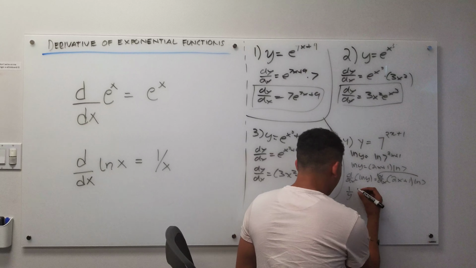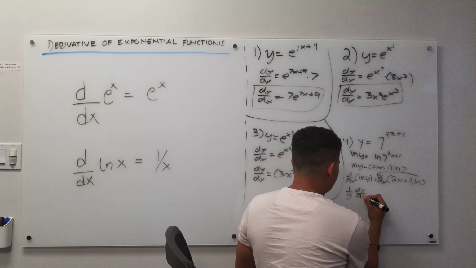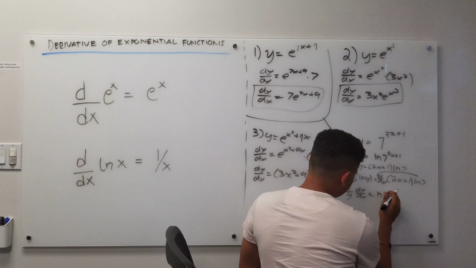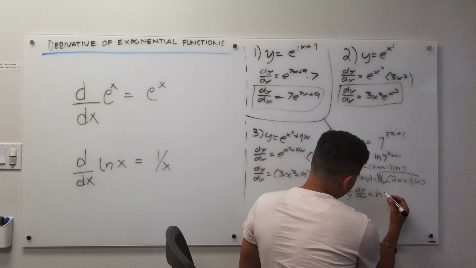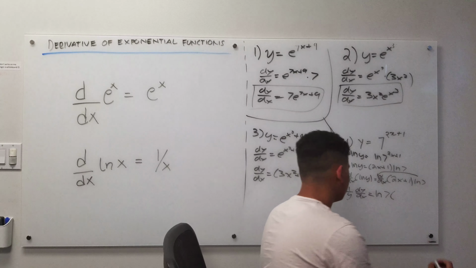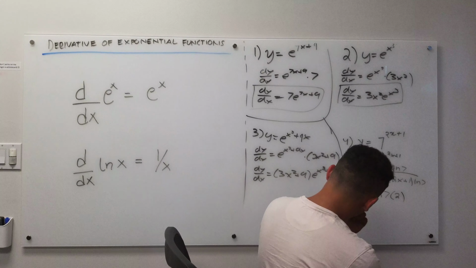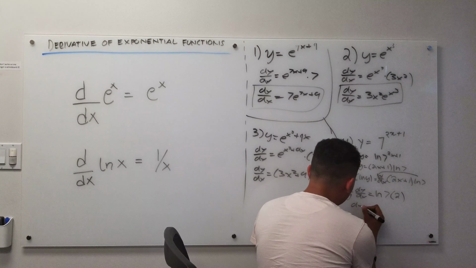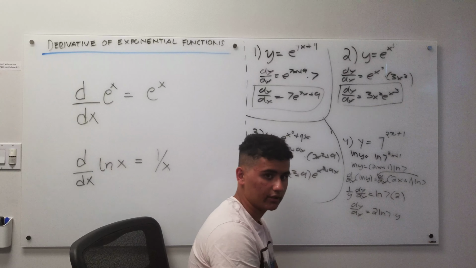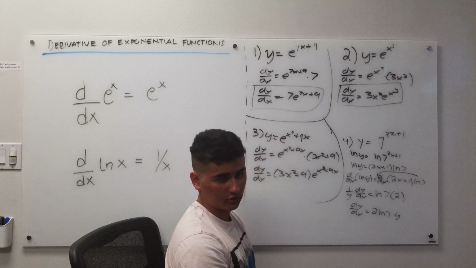We're going to have to multiply by dy/dx. And this would equal ln 7 times the derivative of 2x plus 1, which using power rule is 2. So dy/dx, if you multiply y by both sides, you're going to get 2 ln 7 times y. And that's your final answer for the derivative of this.